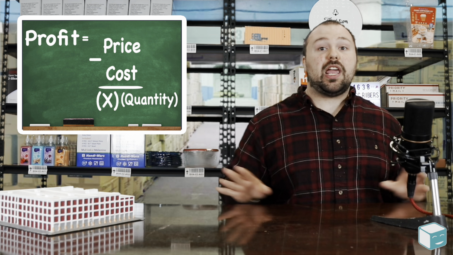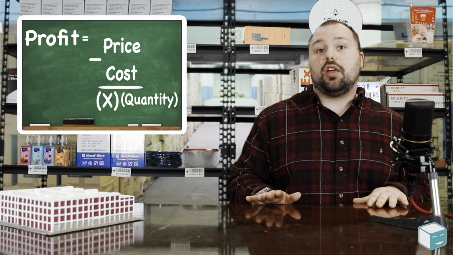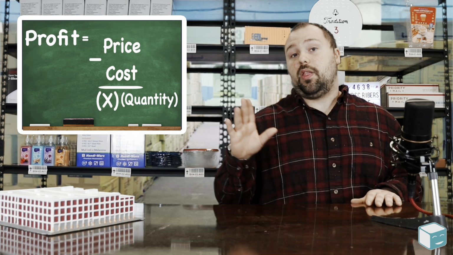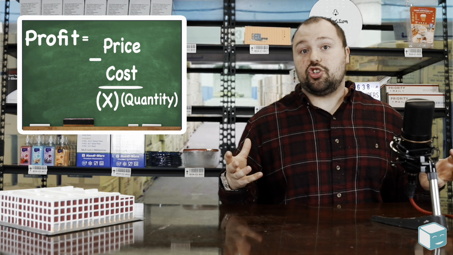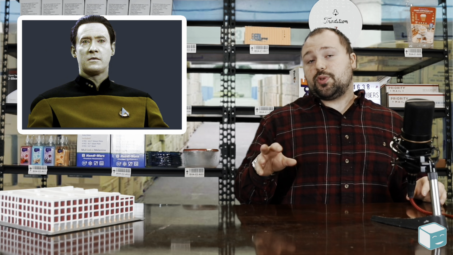You can change these numbers around and figure out how things will affect you, how things won't affect you, and you can make informed decisions around the data. And that's what's really cool about using math or a formulaic method to price your products.